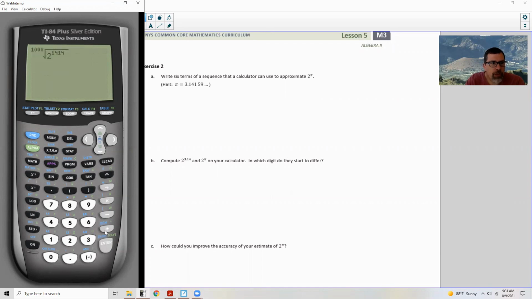Okay. So what the book suggests you enter is you use parentheses and you do the 1,000 math 5, 2, and then you close the parentheses, and then you take it to the power of 1414, and the calculator can then do the calculation because it's doing order of operations.